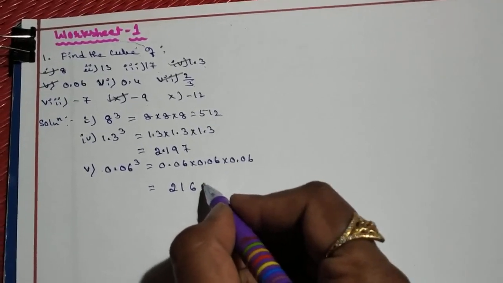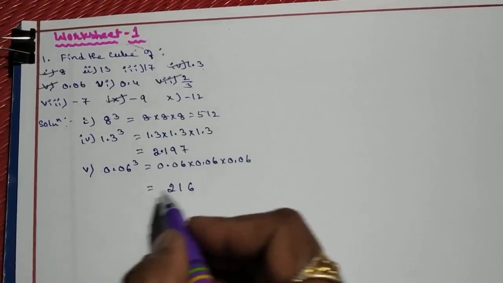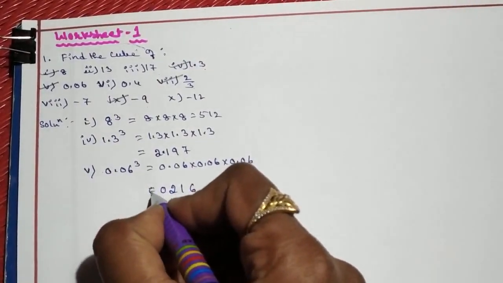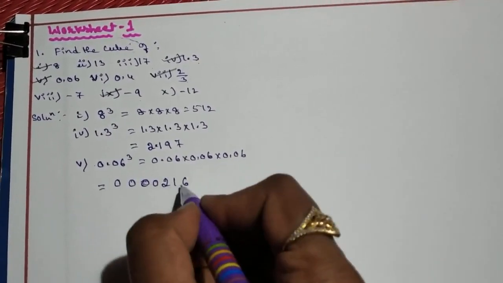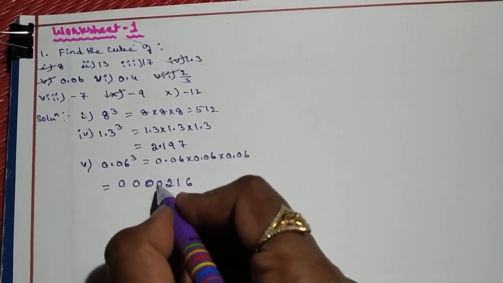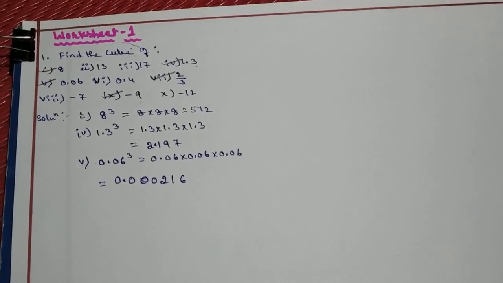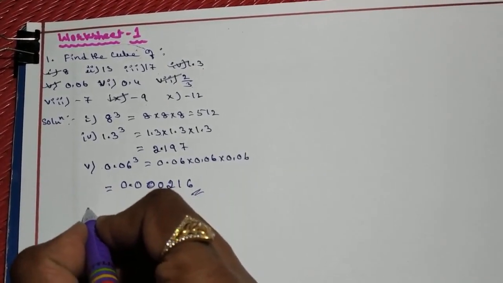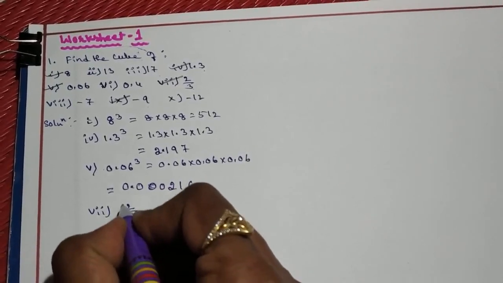Don't add the zeros towards the right side because its meaning changes. So you have to put the zeros before the number. So 0, 0, 0, 0. Right? So 6 digits means 1, 2, 3, 4, 5, 6. So the answer is 0.000216. So moving to the next question, that is the seventh one, 2 by 3 whole cube.